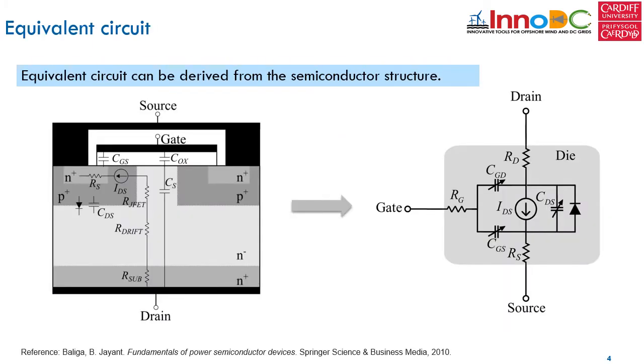The internal structure of the silicon carbide MOSFET chip is shown in this slide, and the equivalent circuit of silicon carbide MOSFET can be derived from the physical structure, which includes the parasitic resistance, capacitors, and the current source to model the nonlinear behavior of the channel current, and the body diode. In the equivalent circuit, the source resistance is very small, so it can be ignored in the model.